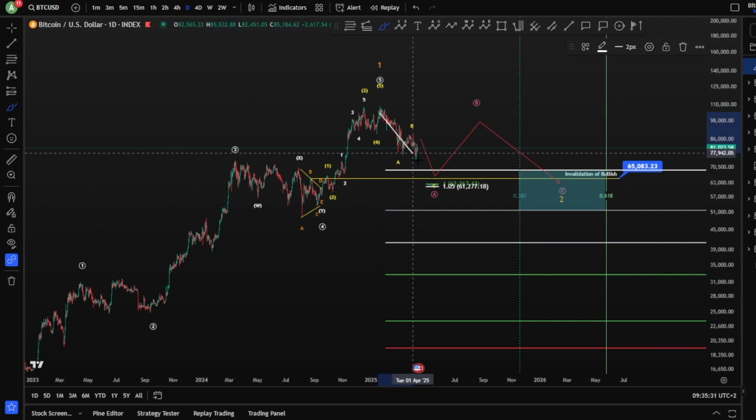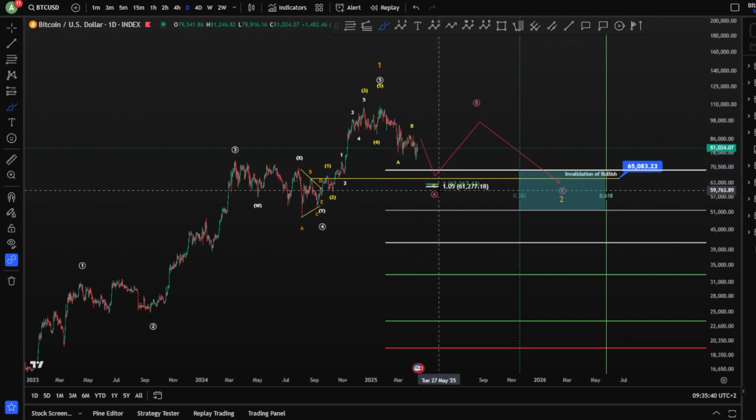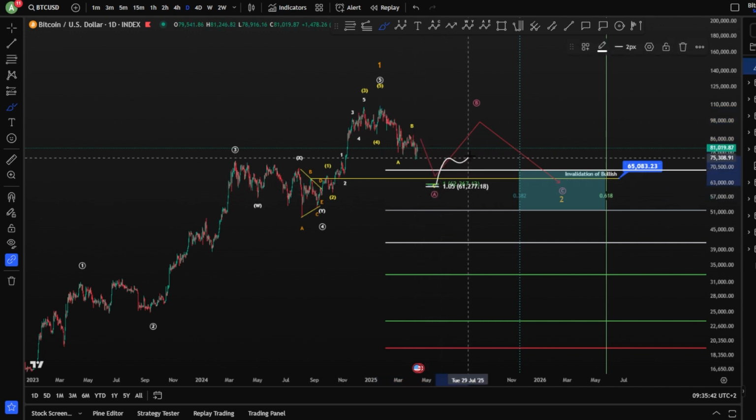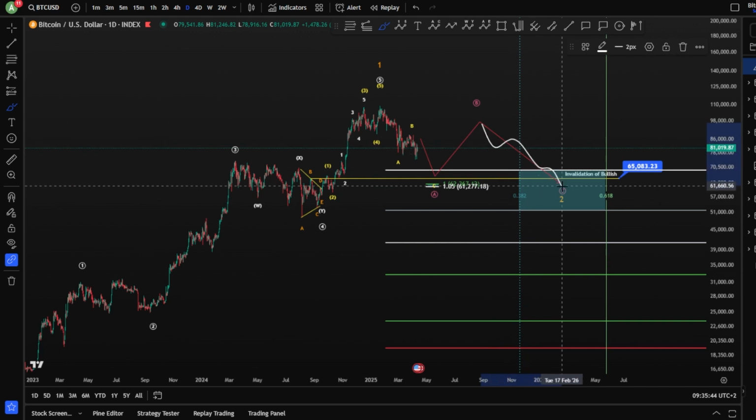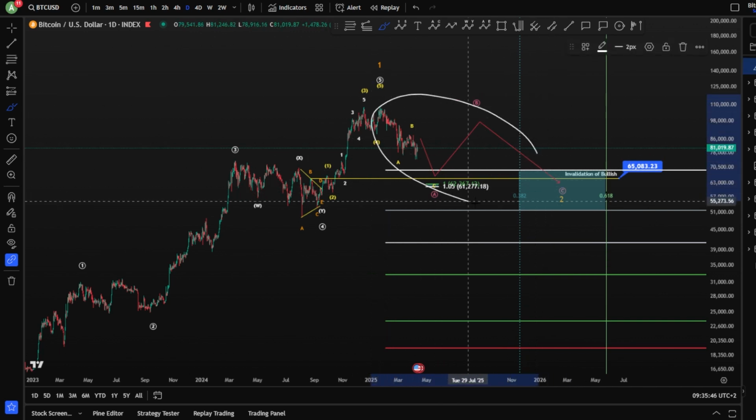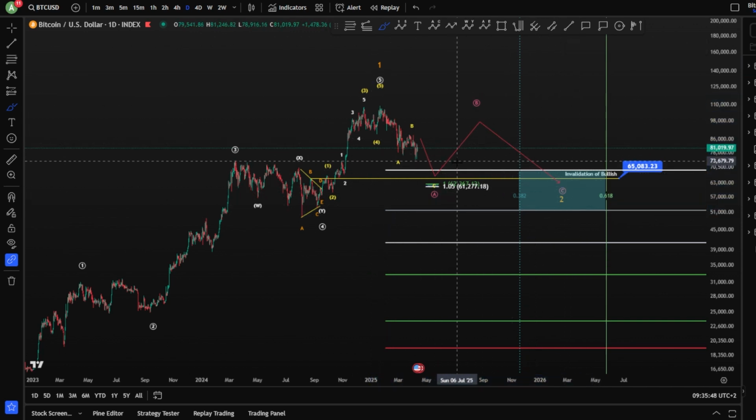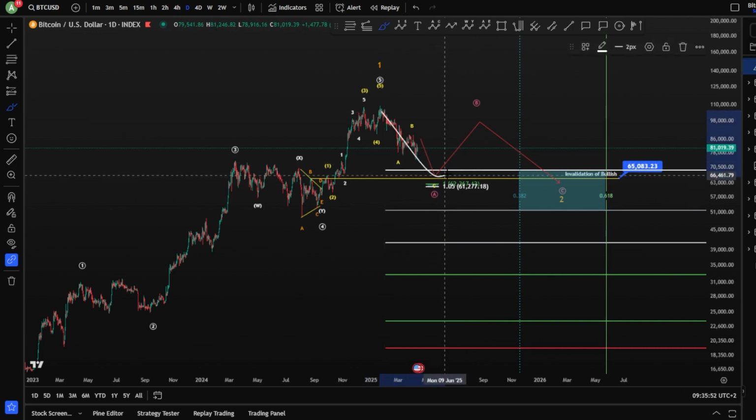Now, this wave A can be 3 waves toward the downside, preferably that it unfolds 3 waves toward the downside, ABC, to finish a wave A, then moving for a wave B, and then 1, 2, 3, 4, and 5. This would be the most typical correction for Bitcoin, and based on the all-time histories, this is what we saw after every bull run. We saw a typical ABC 3-wave correction.